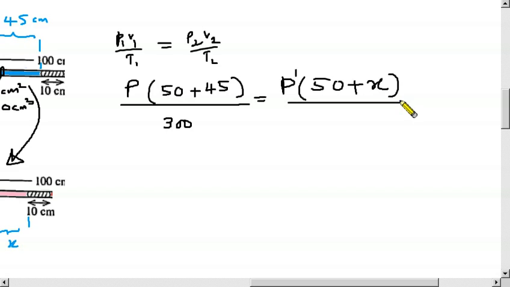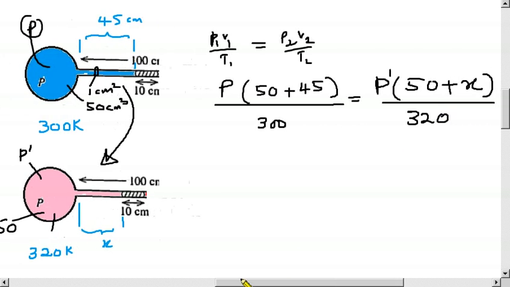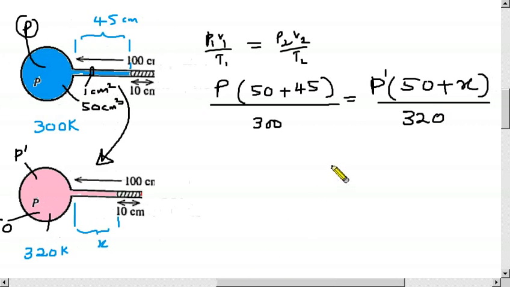divided by, what is the temperature, 320. So we are not going to simplify totally, just we add this 2, we get 95 divided by 30, say.